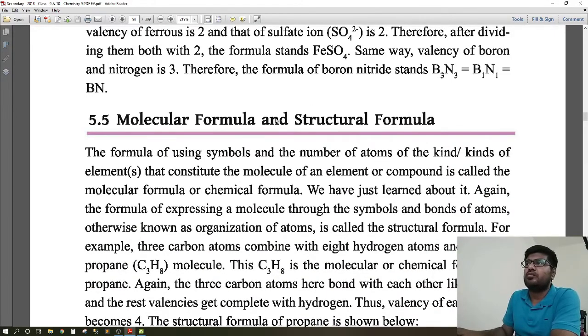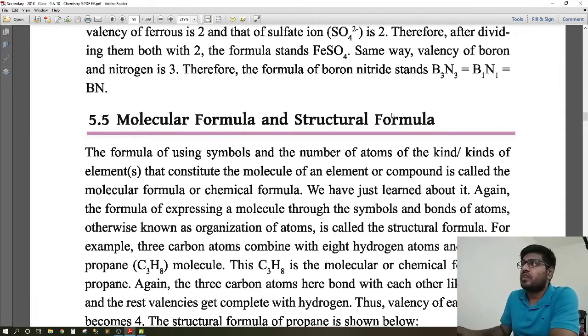This is molecular formula and structural formula. Before starting, we have to know the definitions. In case of molecular formula, only the number of atoms of each element is given.